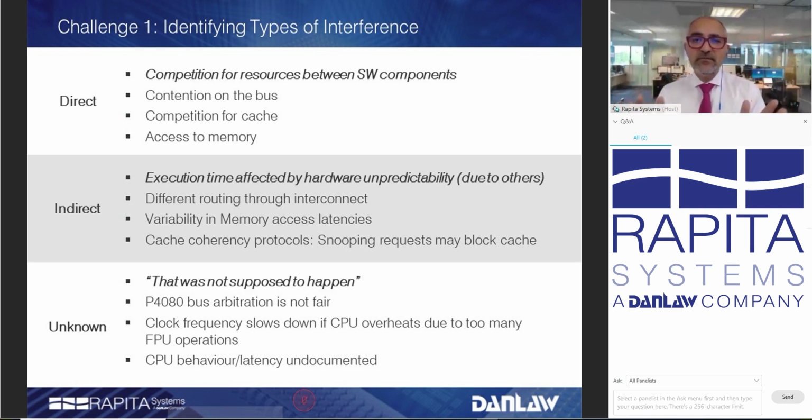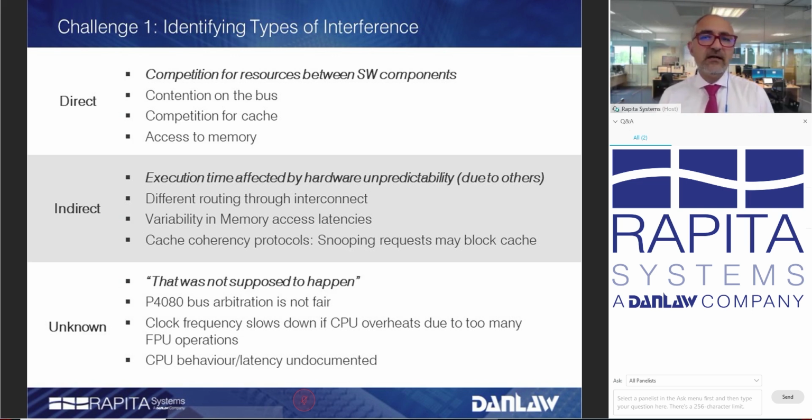They're doing exactly the same thing with the same inputs and the same outputs. After investigation, what happened was that the priority on the bus is not fair. It was documented that it was supposed to be fair, but when there were two requests on the bus, core 0 always won. And when we talked to the chip manufacturers, the system and chip developers, they said, well, that was not supposed to happen, like many others.